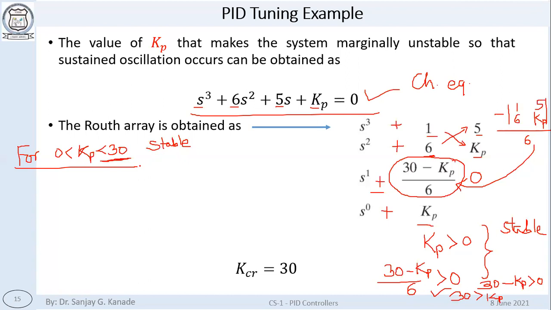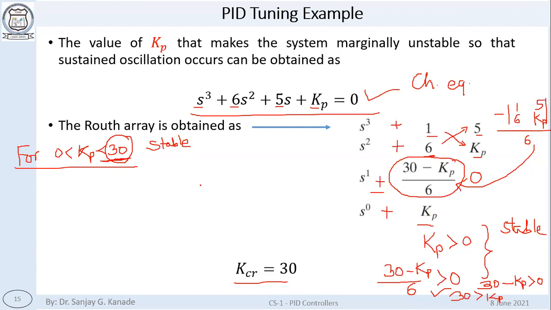For gain above 30 or below 0, the system is unstable. And for gain equal to 30, the system is marginally stable, right? And that is what we got from this particular equation.